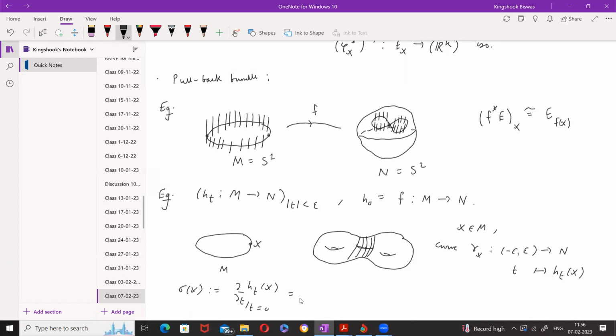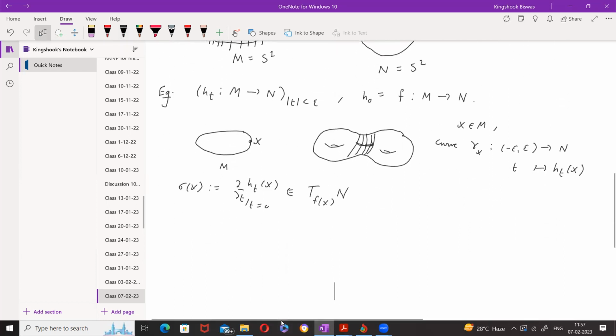When I differentiate this at time t equal to 0, I'm going to get a tangent vector to this curve at time 0. At time 0, it takes the value H_0(x), which is F(x). So I'm going to get a tangent vector at F(x). So this is going to be an element of the tangent space at F(x) to N. Is this clear?